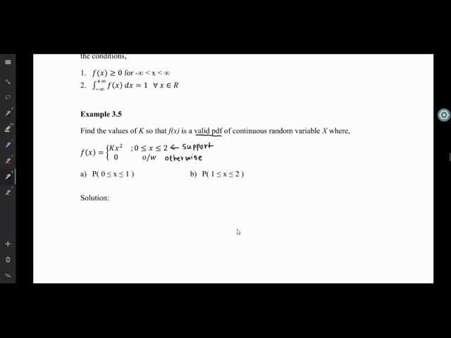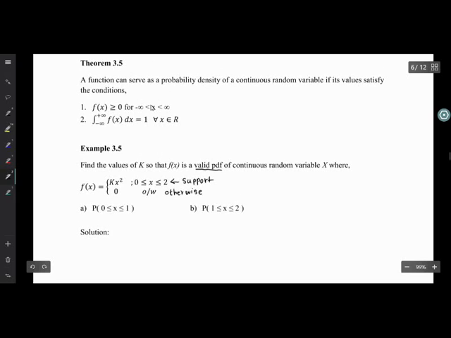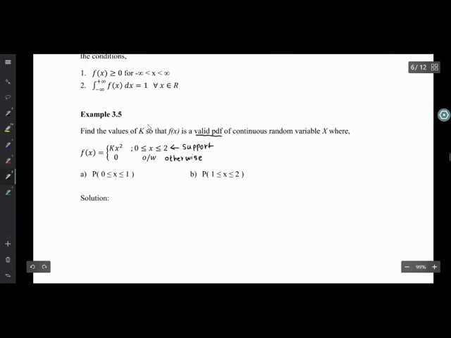We know that according to the second condition in Theorem 3.5, if you integrate your f(x) from negative infinity up to plus infinity, it should be 1. Which means if you take this f(x) and integrate from negative infinity up to plus infinity, it should be 1. We know that the support of X is from 0 to 2.